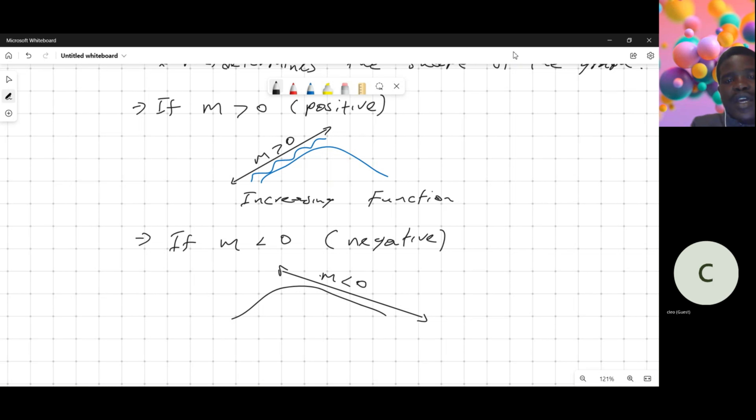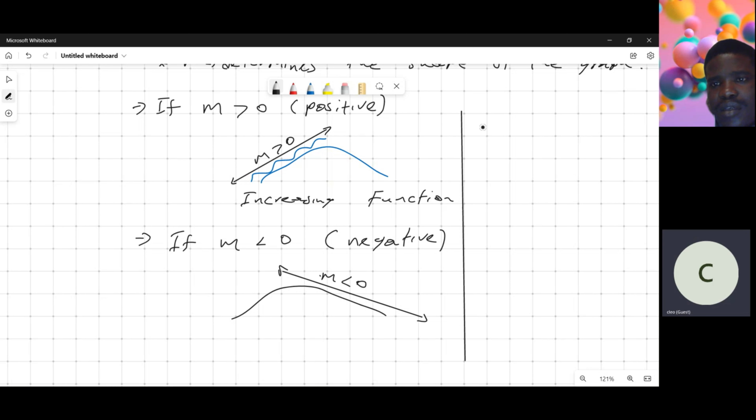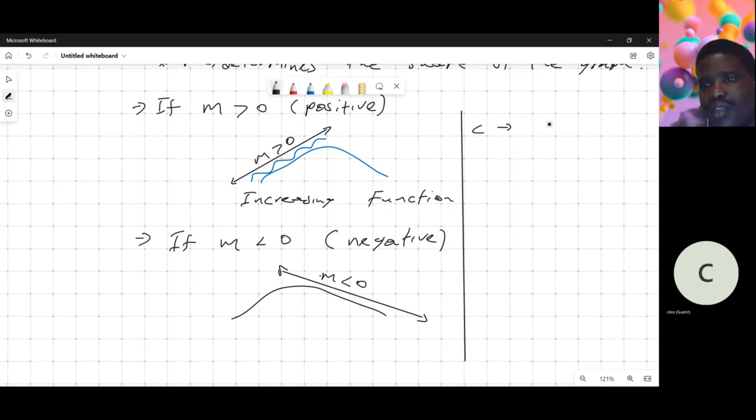Then the other part is c. What is c? C is the y-intercept.